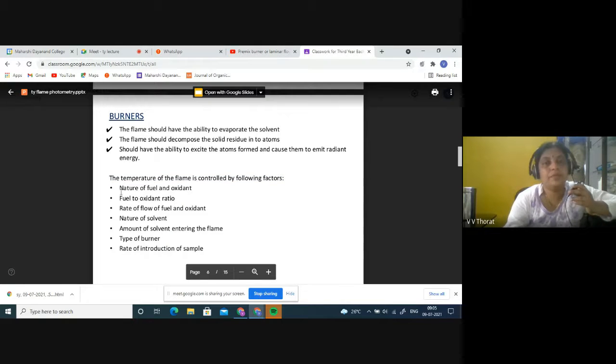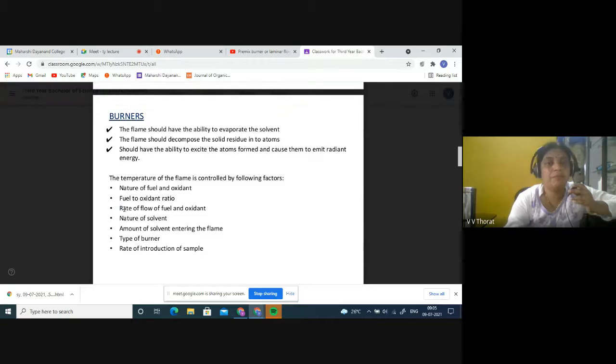The temperature can be controlled by these many factors. You have to learn it. They may ask for 2 marks: the temperature of the flame is controlled by which of the following factors? Nature of fuel. Which fuel you are using? Mostly we use hydrogen. Then the ratio of fuel to the oxidant.